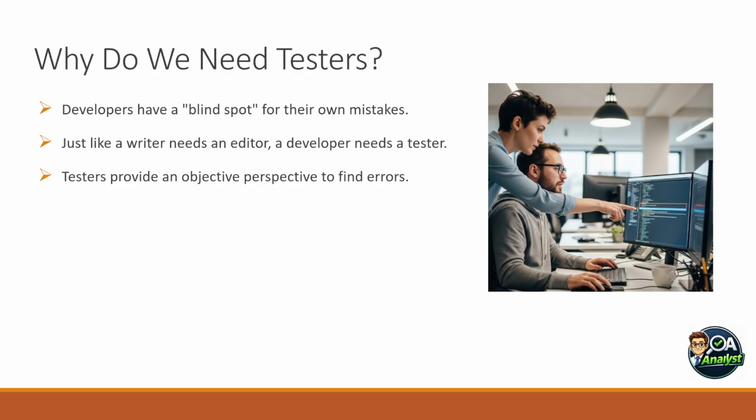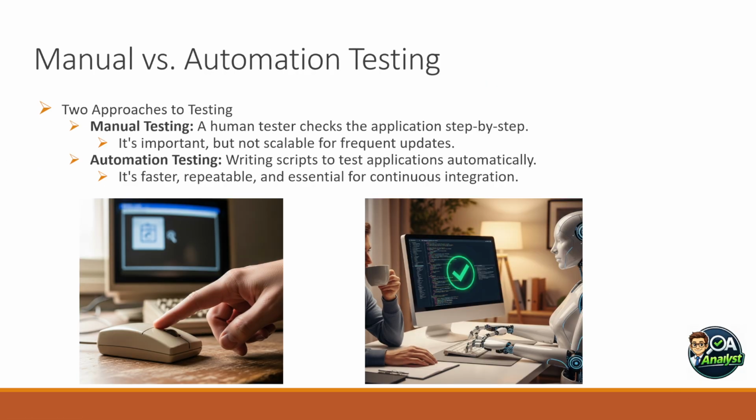Okay, let's move to the next slide. Testing can be done in two main ways: first manually, and second using automation. Manual testing means human testers check the application step by step. This is important, but in today's fast-paced software world, manual testing alone is not enough.